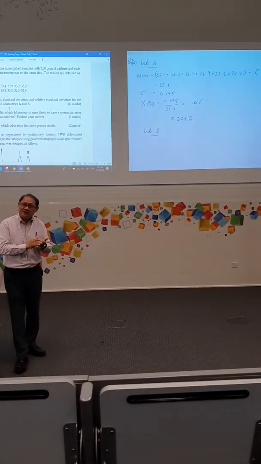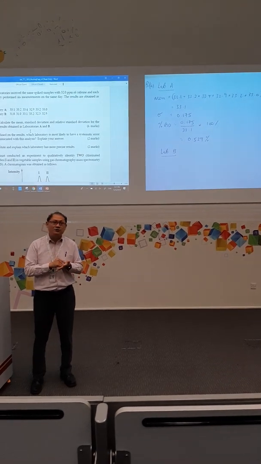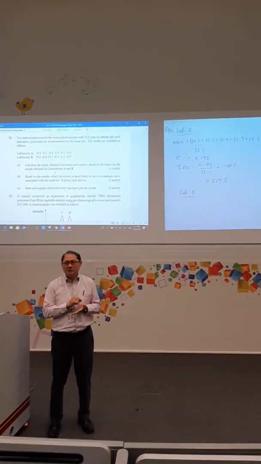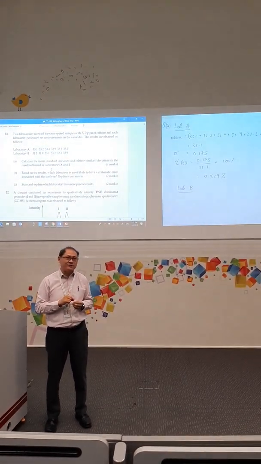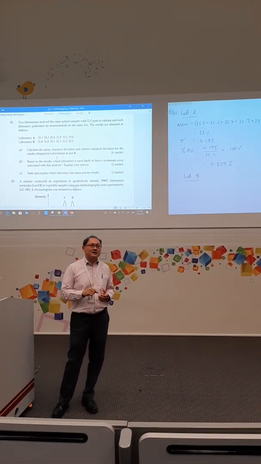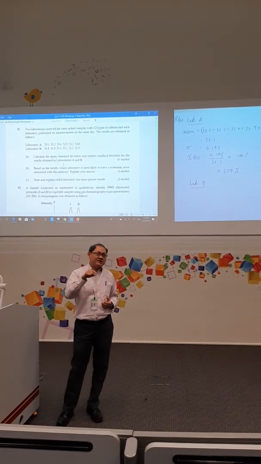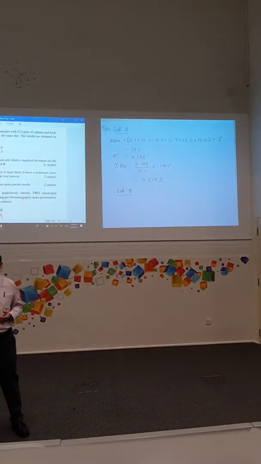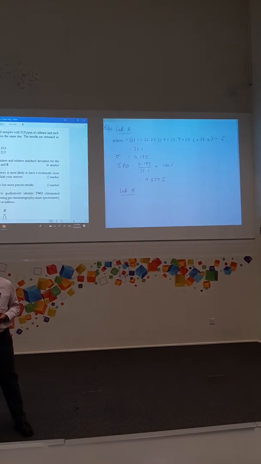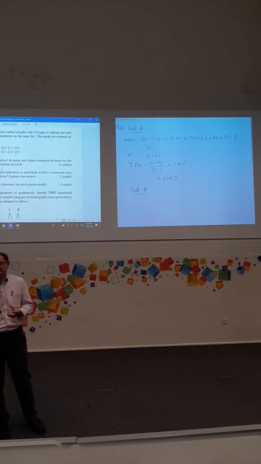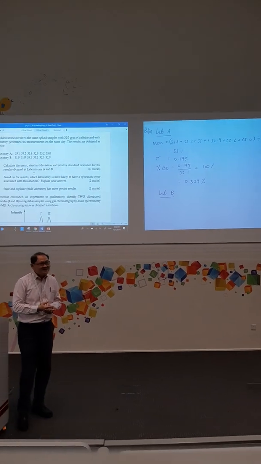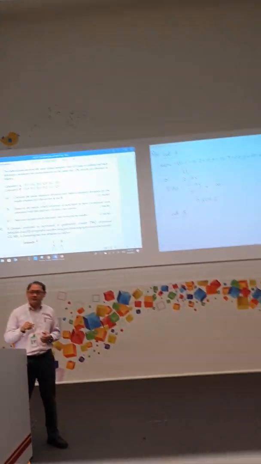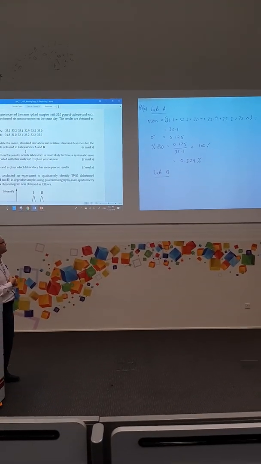It's quite straightforward, but usually some students still make mistakes. There is no choice: you have to press your calculator carefully and correctly. Sometimes it's very hard to know whether you did it correctly, so you have to do it slowly and carefully.